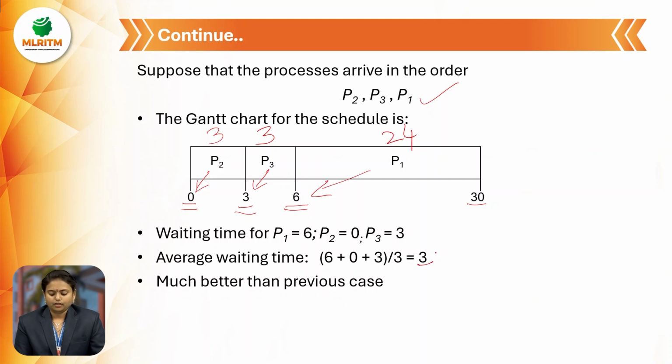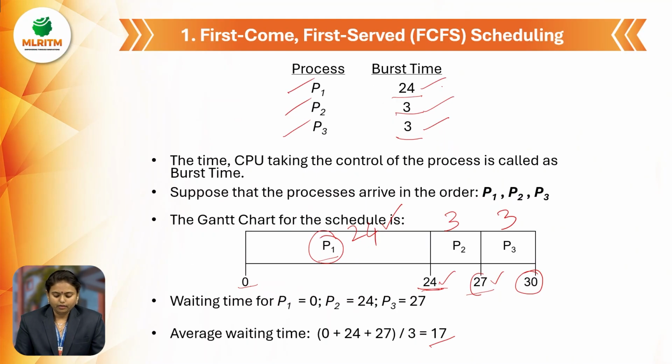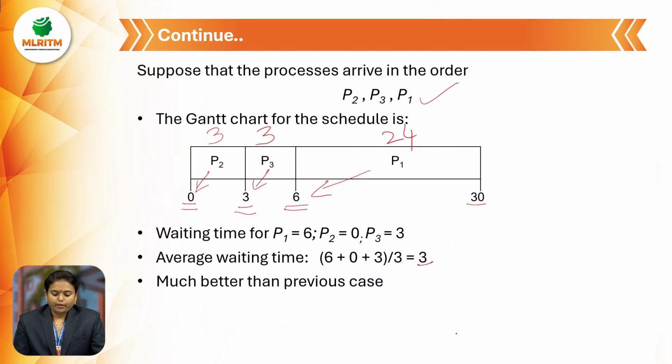The answer is 3. It is much better than the previous example. Previously, we took the order P1, P2, P3 and got an average waiting time of 17. Compared to this, if you take P2, P3, P1 in this order, then you get an average waiting time of 3. This is much better than the previous case.